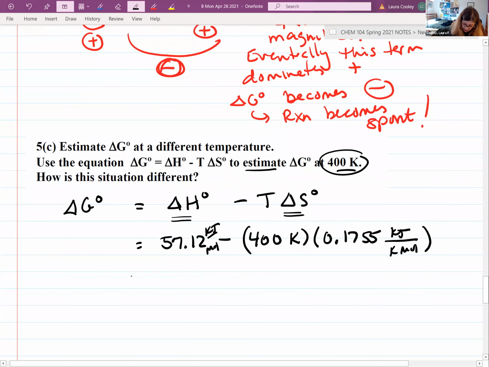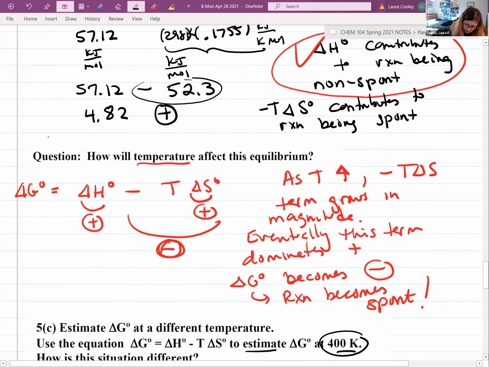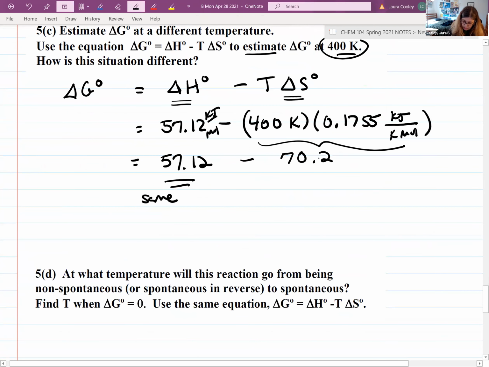Okay, so now you can see what's happening here. The delta H isn't changing, or not much. And in freshman chemistry, we never consider that it's even changing. But this term here, instead of being negative 52.3, it's negative 70.2. So that when you add these up, you actually get a negative number as the delta G0.